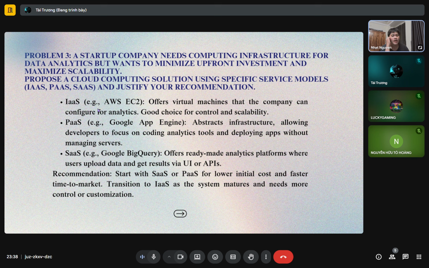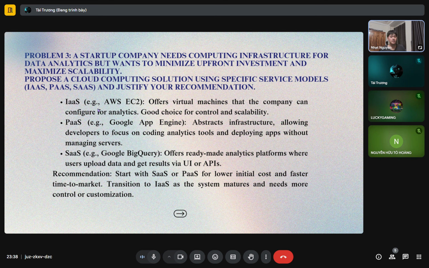PaaS abstracts the infrastructure, allowing developers to focus on coding analytics and deploying the app without managing servers. SaaS, such as Google BigQuery, offers a ready-made analytics platform where the user uploads the data and gets results via a UI or APIs.